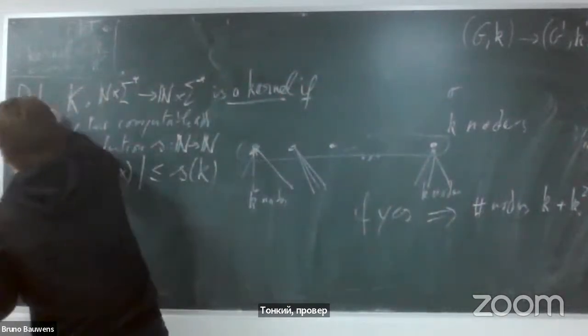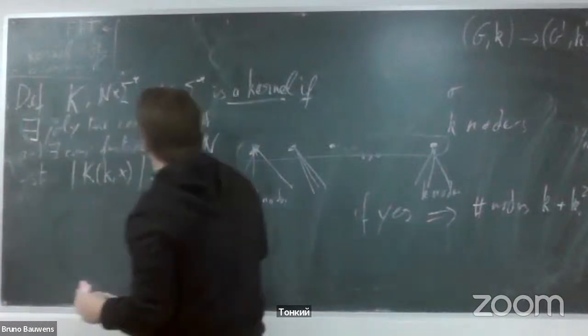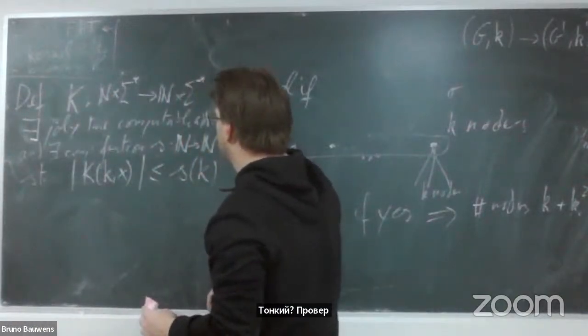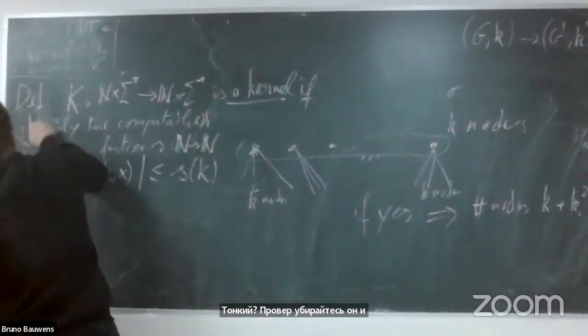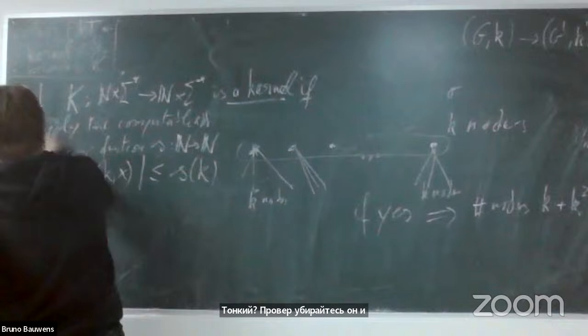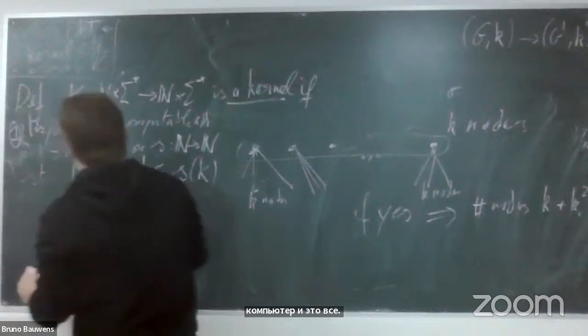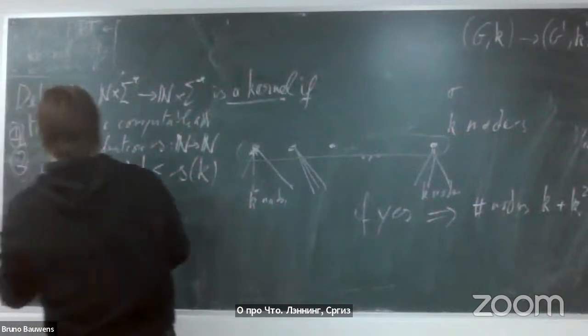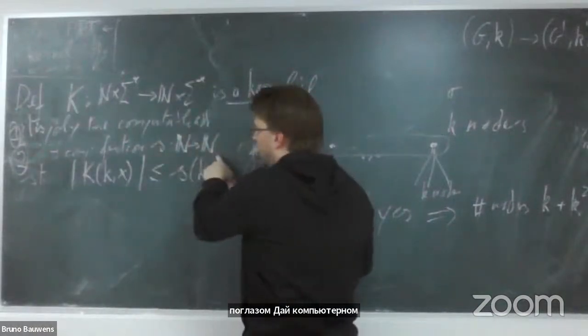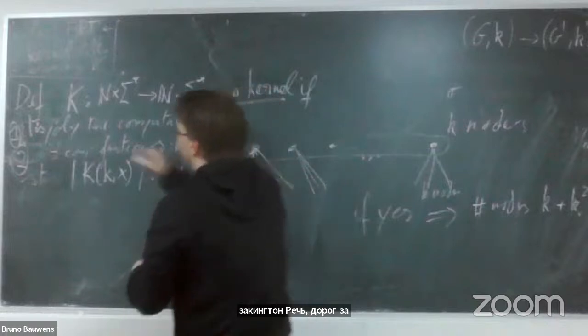So the first condition is that it is polynomial time computable. Second condition, there exists a computable function such that this is true.